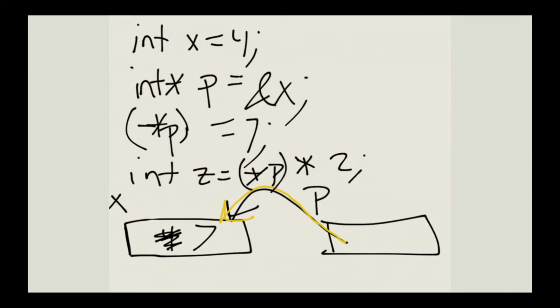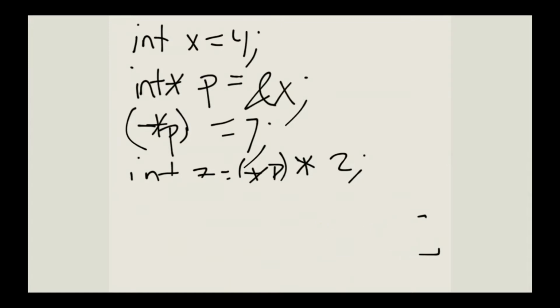You can use them in the same way. And then later on, I can have p point to a completely new thing and just say p equals ampersand z. So now p no longer points to x, it points to z, and anytime I do star p, it's the same as doing z.